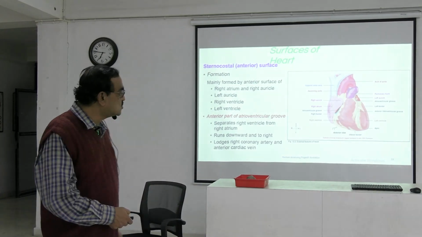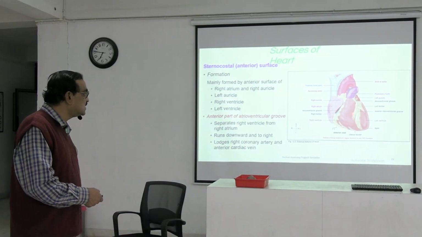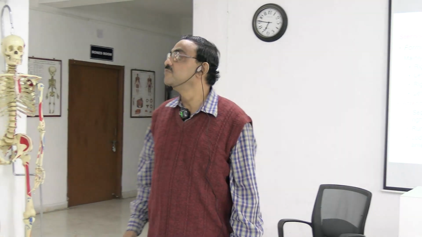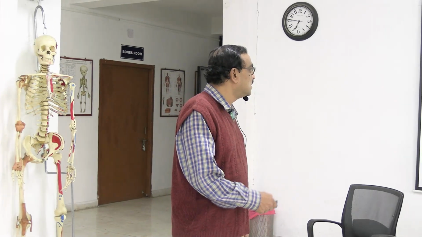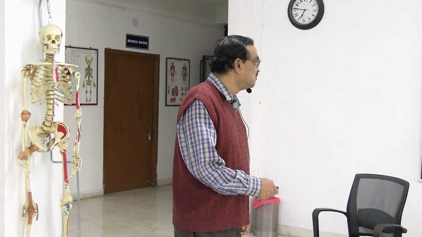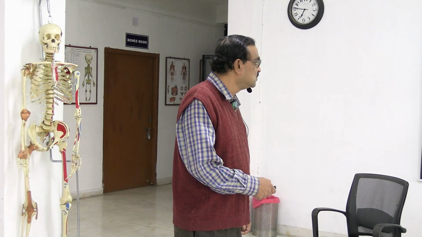So this groove contains the anterior interventricular branch, along with another major vein of the heart, the great cardiac vein. The artery moves from here to this side, and that vein moves from here to this side.